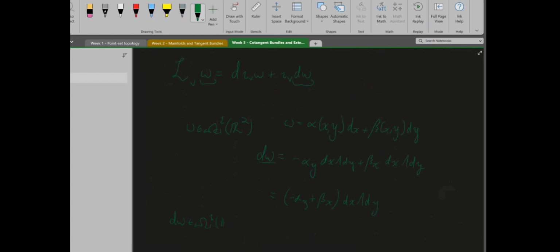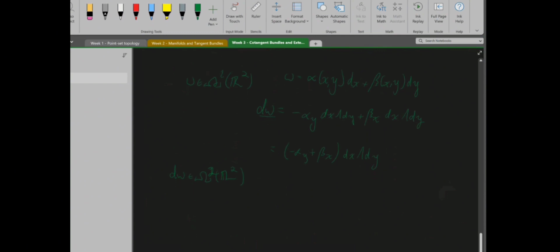On R2. So namely, I can plug in two vector fields, U and V, into d omega, and I get some result. Well, this is called the left contraction of d omega, and instead of being a 2 form like d omega is, it's a 1 form again.